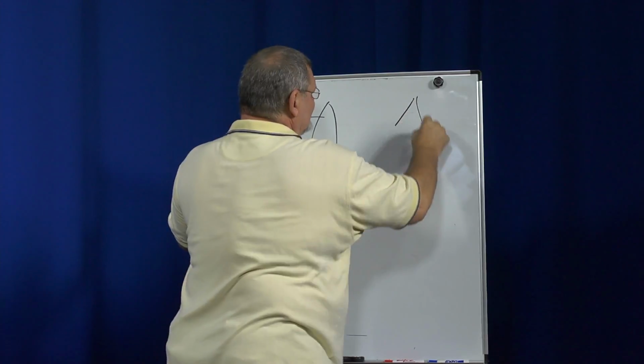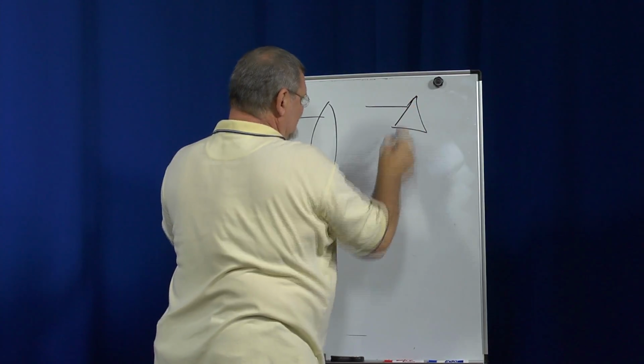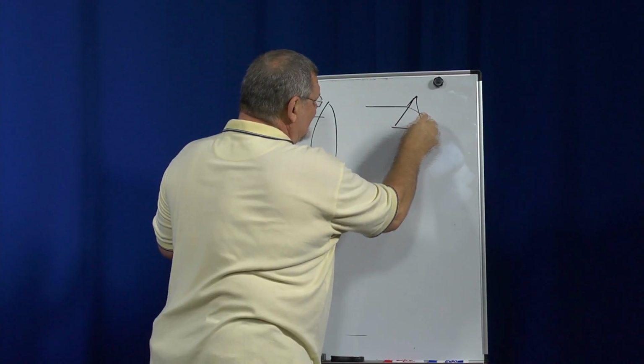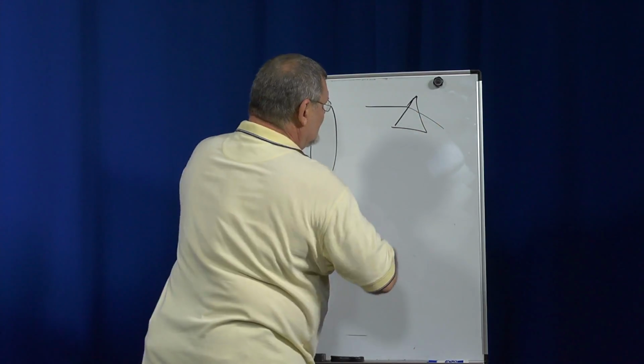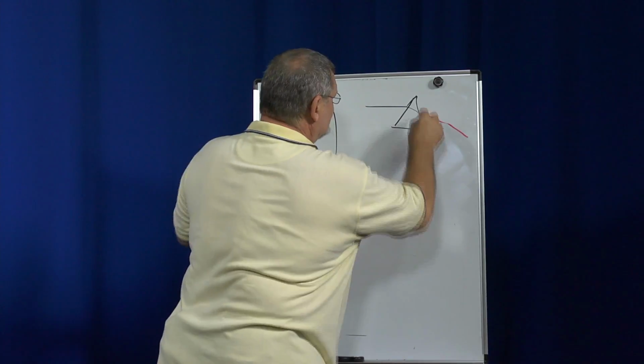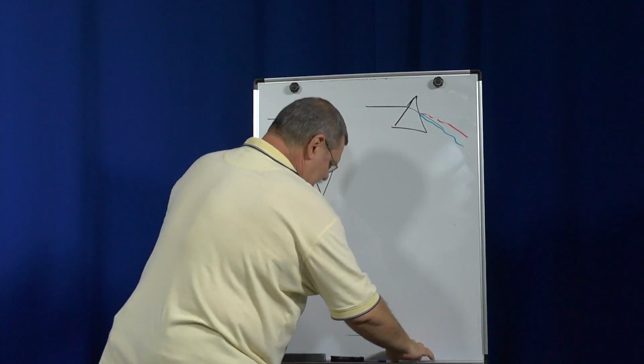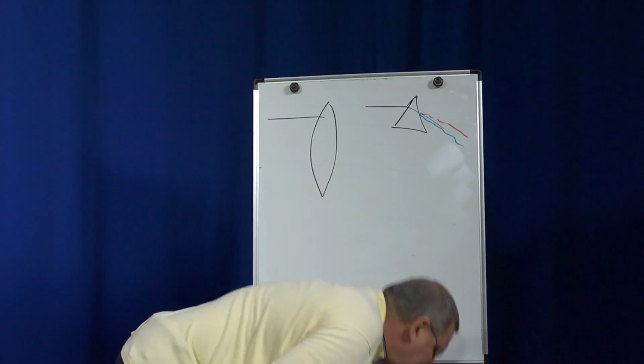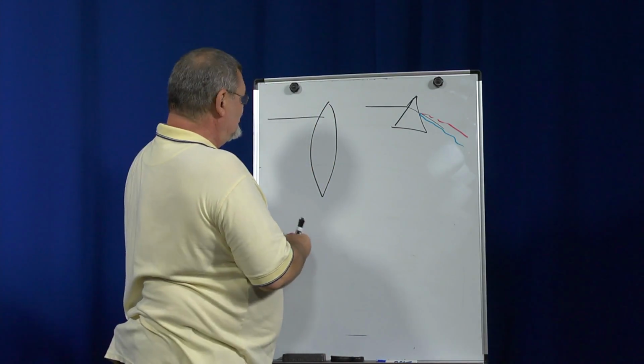Remember, as light, you've seen this, as light comes into a prism and it comes out the other side, what happens? You see a rainbow. You see red and blue and green coming out. You see this big rainbow. Well, the same thing is going to happen with this lens here.